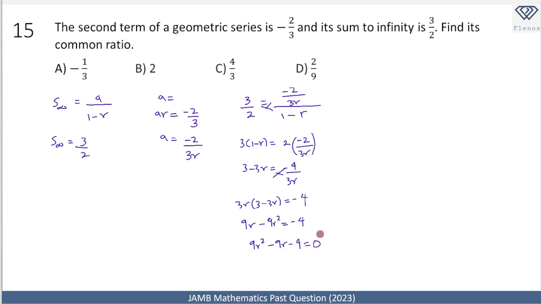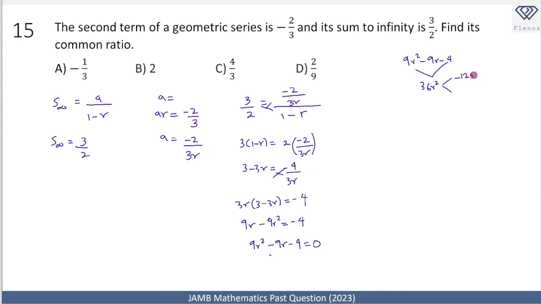Now, as you can see, this is a quadratic equation. So let me write that down over here: 9r squared minus 9r minus 4. And we need to solve for this. So we multiply the first and the last term, and that gives us 36r squared. And we ask ourselves, what two numbers can I multiply together to get minus 36r squared, but when I add them together, I get minus 9r?